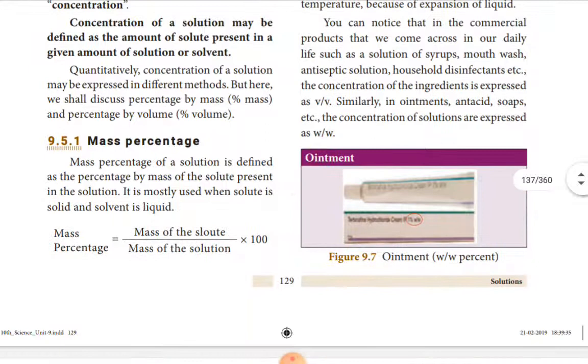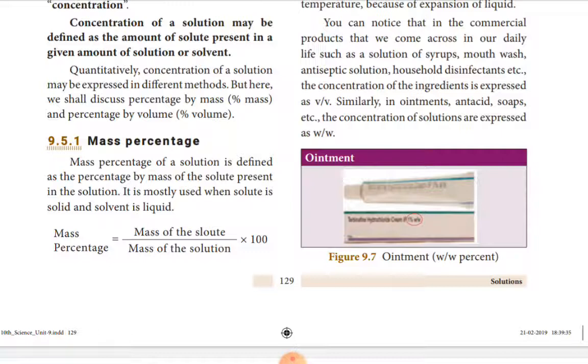First, mass percentage. What is mass percentage? The mass percentage of a solution is defined as the percentage by mass of solute present in the solution. That is, how much percent of solute is in this solution.